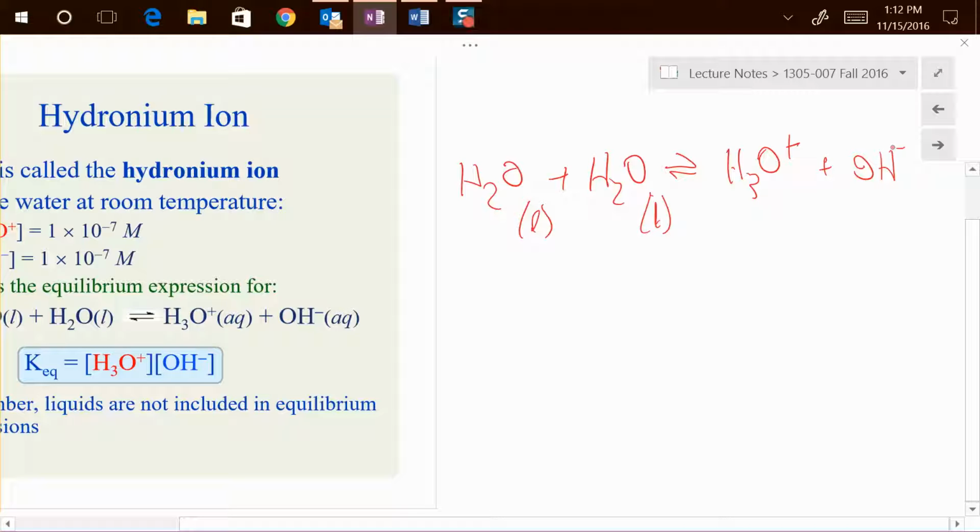Okay? So, if this is what I'm producing in solution, what's my equilibrium? And this is an equilibrium reaction. So if I write the equilibrium expression, Keq is equal to products over reactants. So my Keq is equal to what on top?